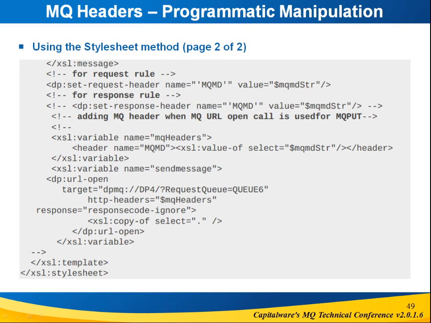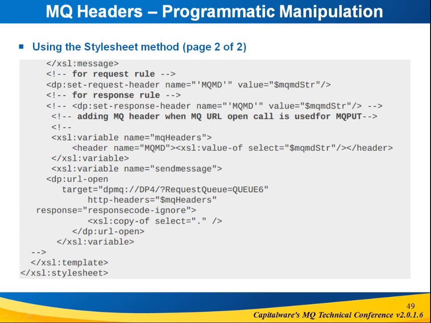So in this case we are programmatically and dynamically connecting to a queue manager inside a style sheet in the middle of a rule, probably inside of a transform action, without involving the front side handler or the back end URL at all. So it is an in-flight access to a queue manager, which can be very handy to maybe send a message off to an audit queue or something like that, or retrieve an extra message from some other queue that we want to make use of, and so on. So you've got full MQ programmatic control at this point.